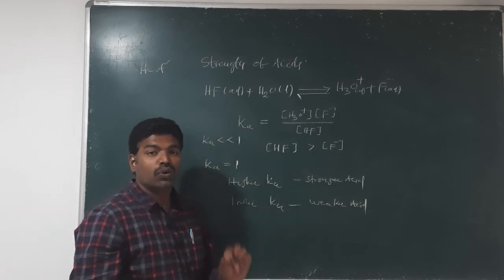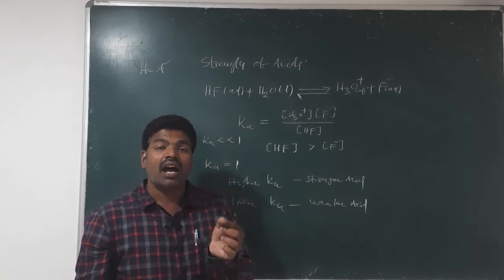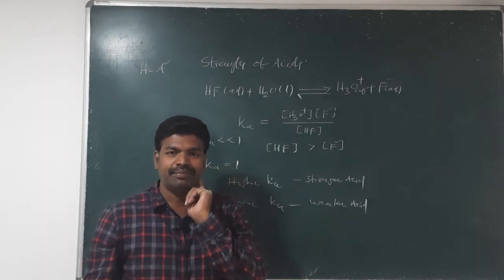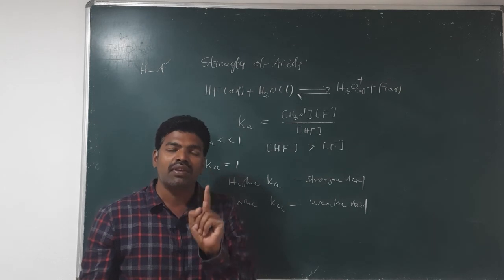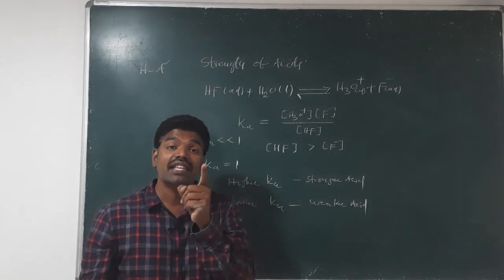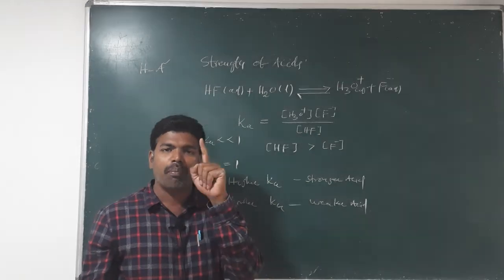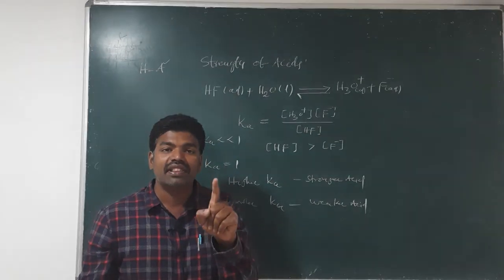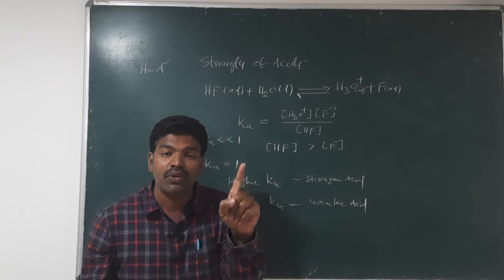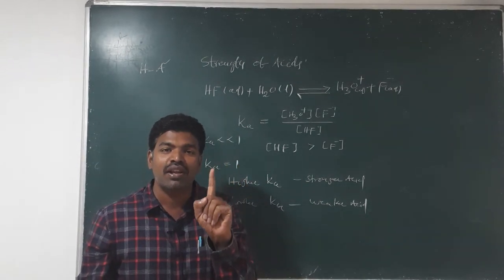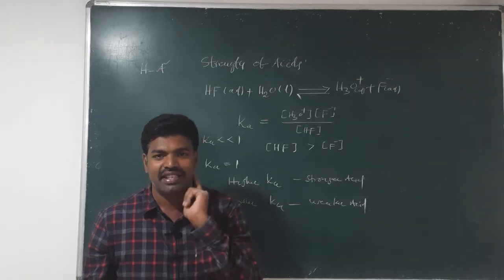So, we can conclude that the acid with the highest Ka value is the strongest acid, and the acid with the lowest Ka value is the weakest acid. You should keep this in your mind.